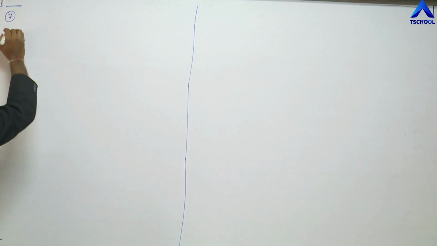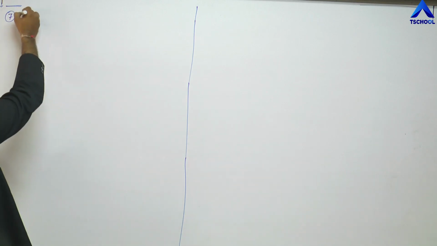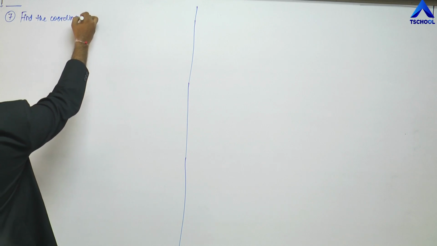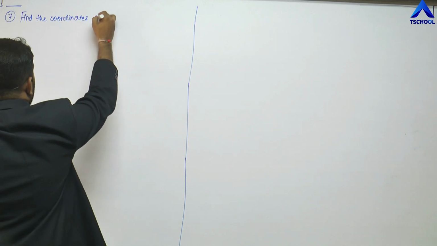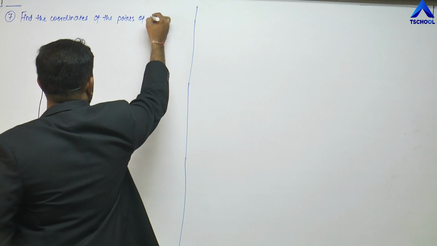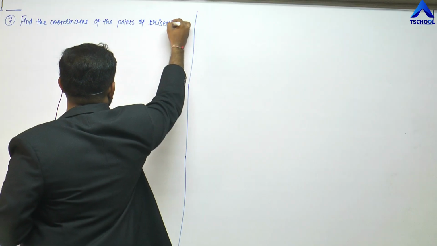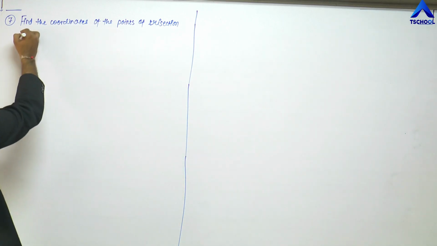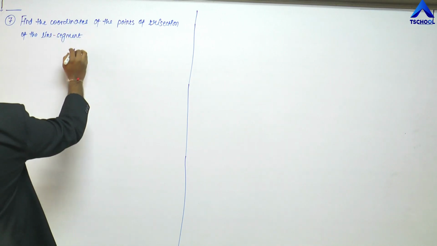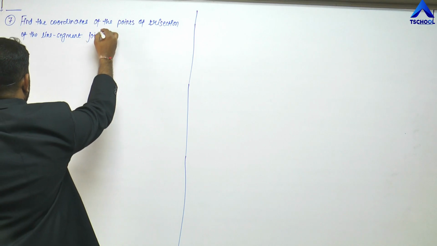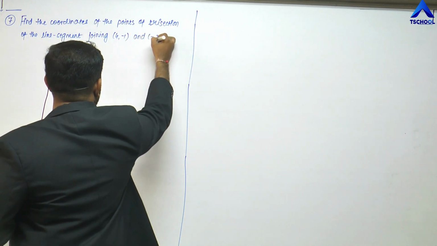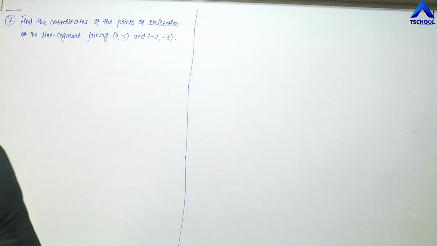Now we shall solve the seventh one: find the coordinates of the points of trisection of the line segment joining (4, -1) and (-2, -3).